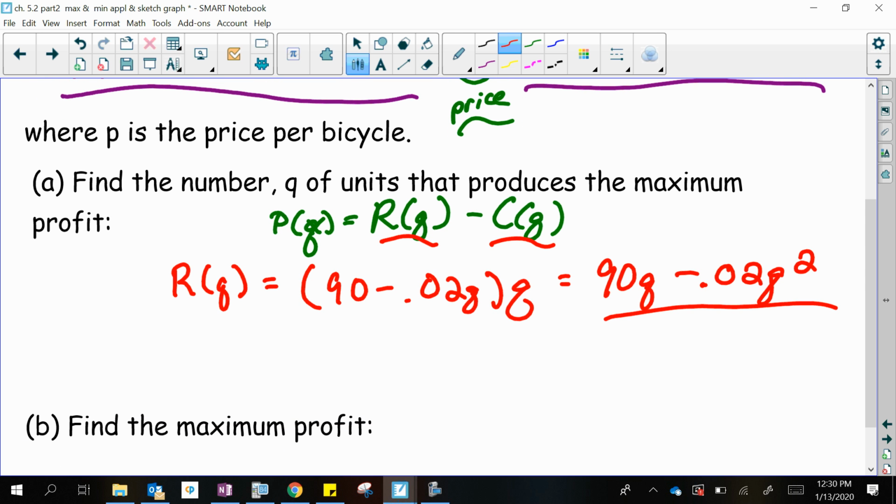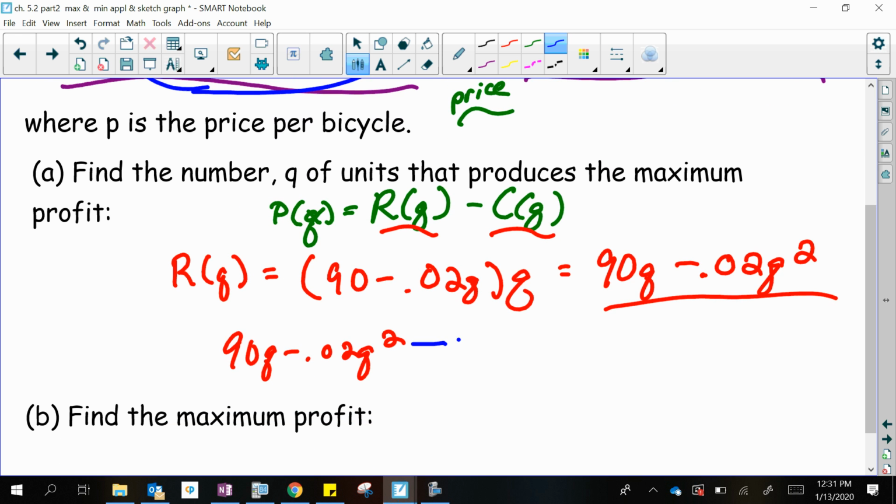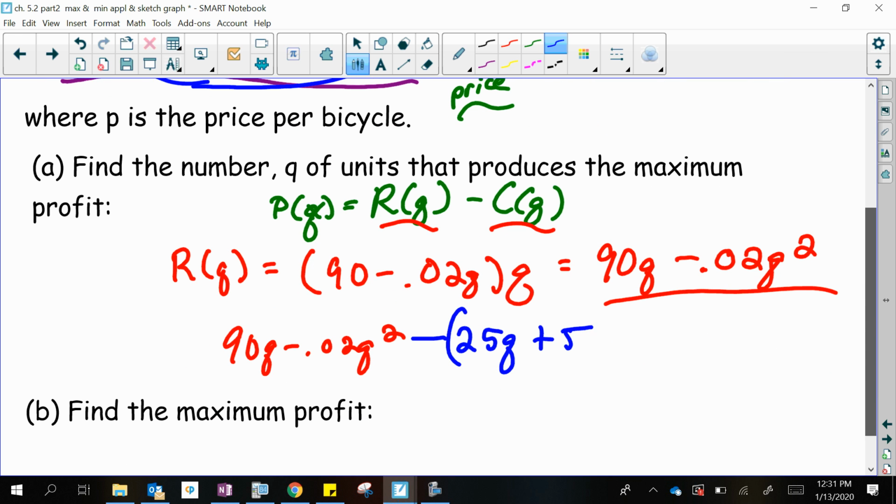Now to find the profit, we want to do what? Right, so now we want to take this 90Q minus 0.02Q squared and subtract our cost equation from that. So minus 25Q plus, is that 5,000 or 500? 5,000.